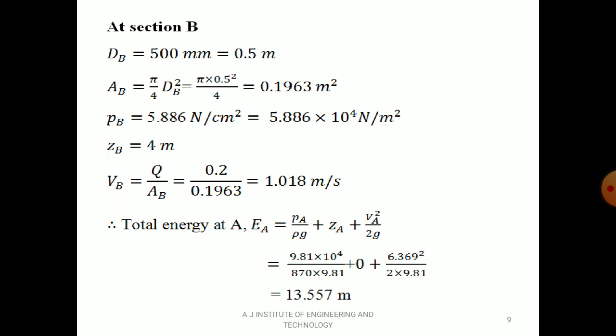So now we are asked the direction of flow and loss of head. Total energy is a summation of pressure energy, kinetic energy and potential energy.